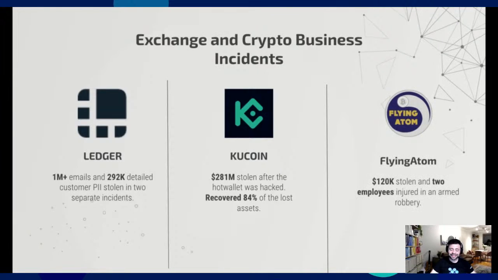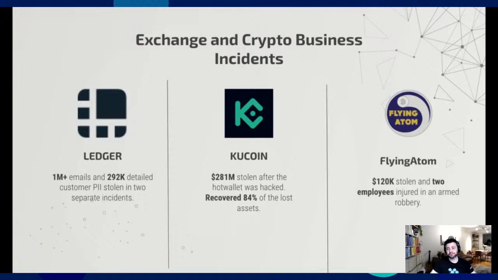On the other hand, and this is more unfortunate, the incidents that we discussed so far were all in the digital domain. Worst case, developers will lose sleep for the next few months. They'll drink a lot of coffee, they'll do a lot of investigation, forensic analysis. Flying Atom was different.